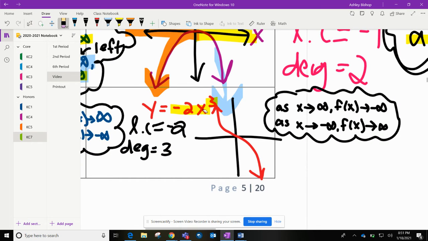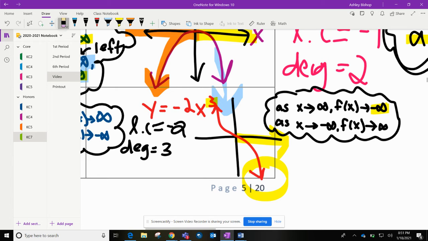So my end behavior for something like this, negative 2x, is going to be as x approaches positive infinity, that means the right-hand side, my f of x, which is my red graph, well, what's going on at the end of my red right-hand side? It's going down. So f of x is going to negative infinity. That's how we do that first one.